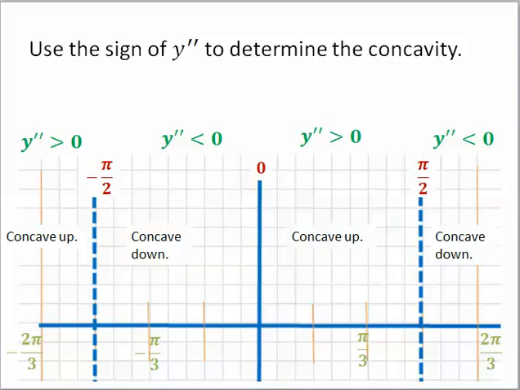If a function goes from concave up to concave down, that's an inflection point. If a function goes from concave down to concave up, then at the point where it switches, that also is an inflection point.